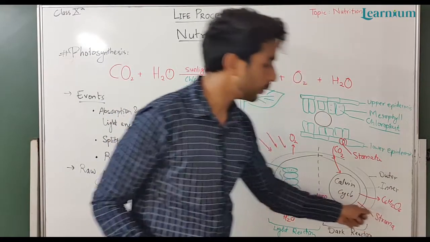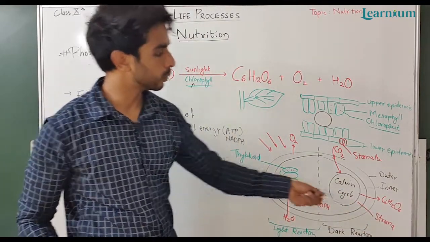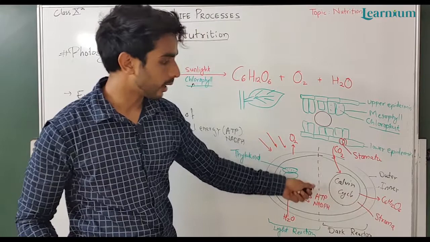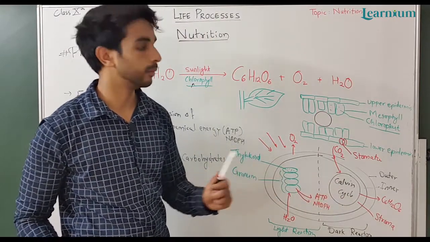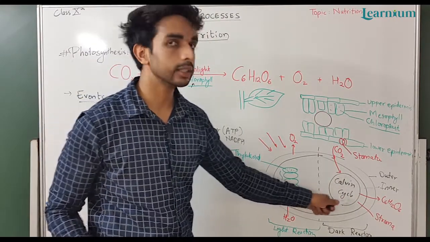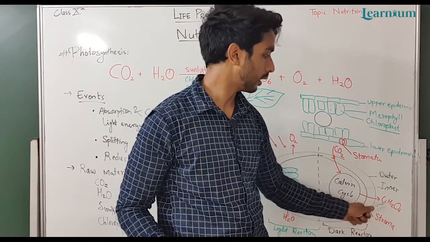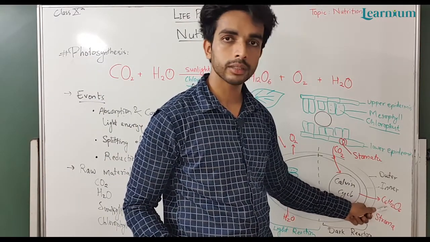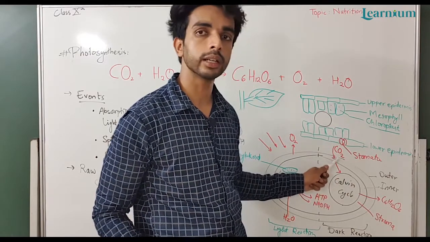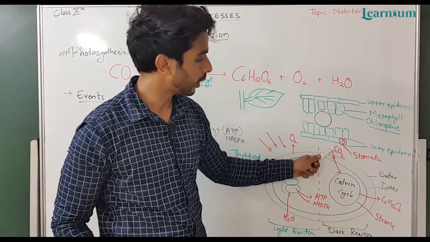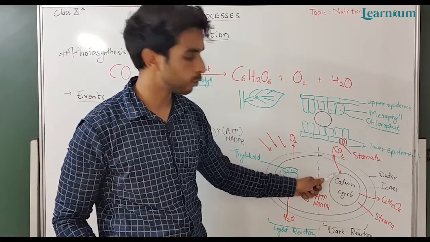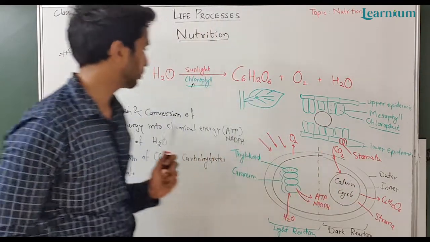So to produce one glucose molecule, these cycles run 6 times. The Calvin cycle runs 6 times to produce one glucose molecule, because here there are 6 carbons but here only a single carbon. So carbon dioxide will come 6 times to produce one glucose molecule.